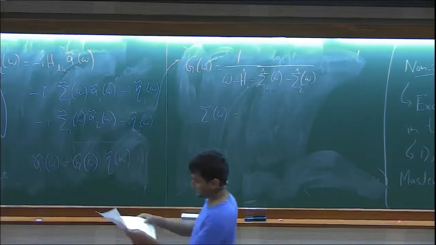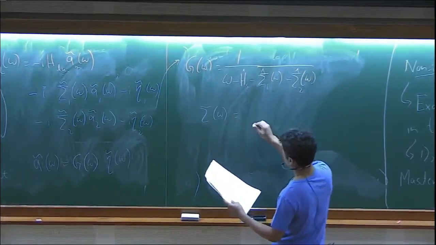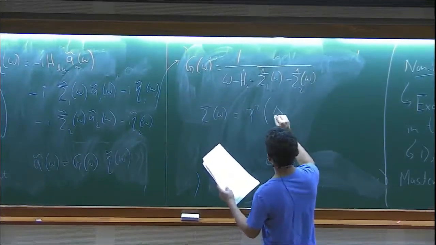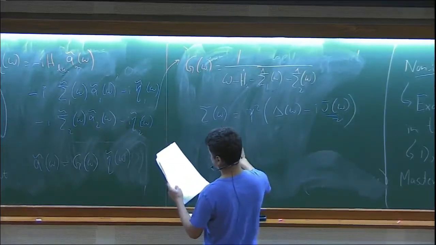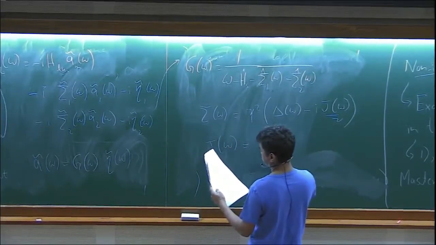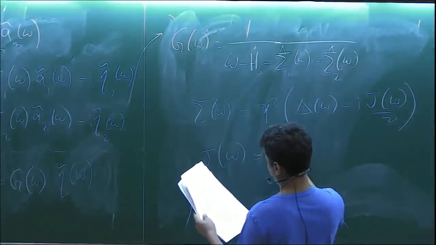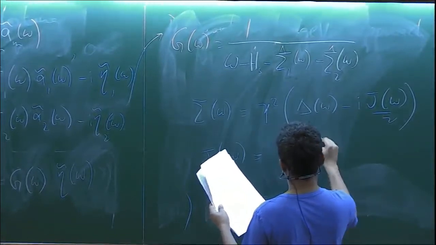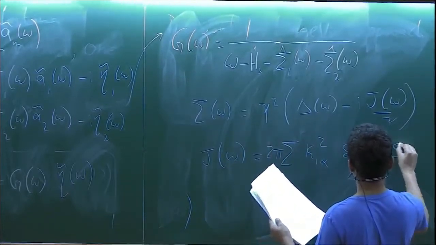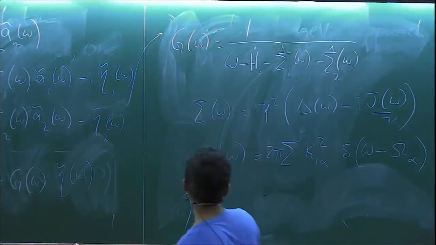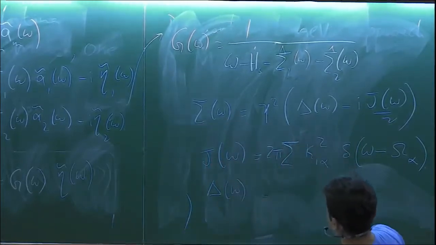I won't explain how it comes, but basically this sigma omega is given by gamma square delta omega minus I j omega by 2, where j omega is a function which is, and delta omega is related to j omega by some transformation.